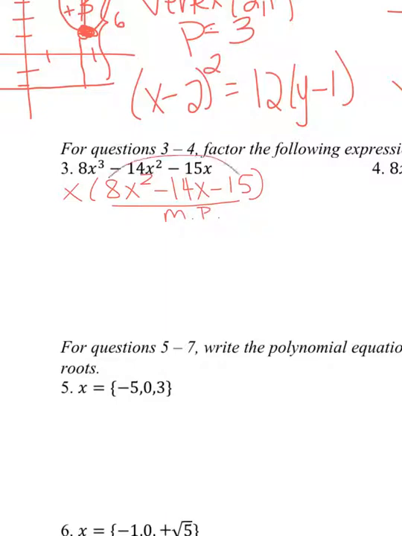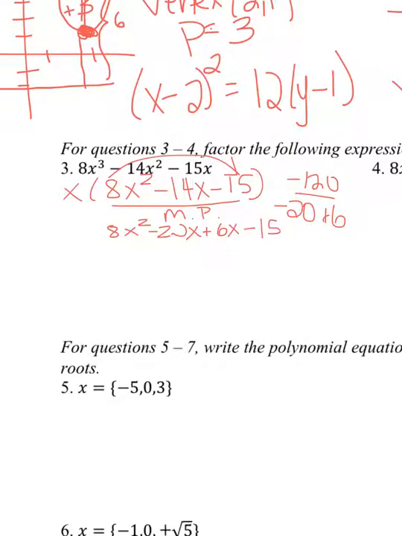So I do 8 times negative 15 is negative 120. Two numbers that multiply to be negative 120 but add to be negative 14 are going to be negative 20 and a positive 6.